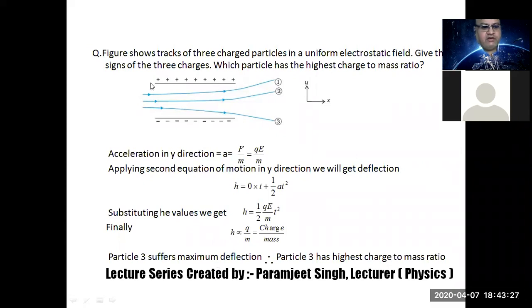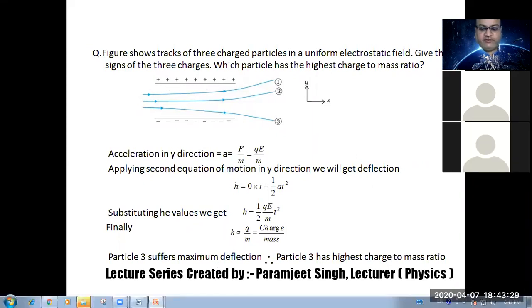See this figure. This is the positive charged plate, this is the negative charged plate, and three charged particles are injected, projected, into this field.